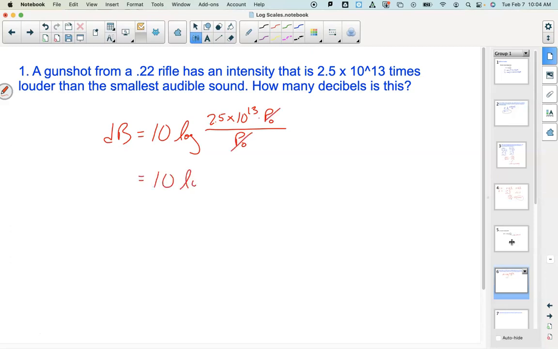This is 10 times the log of 2.5 times 10 to the 13th. If I put that in my calculator, 10 times the log of 2.5 times 10 to the 13th, I get 134.0 decibels. That's how we would report how loud that sound is.